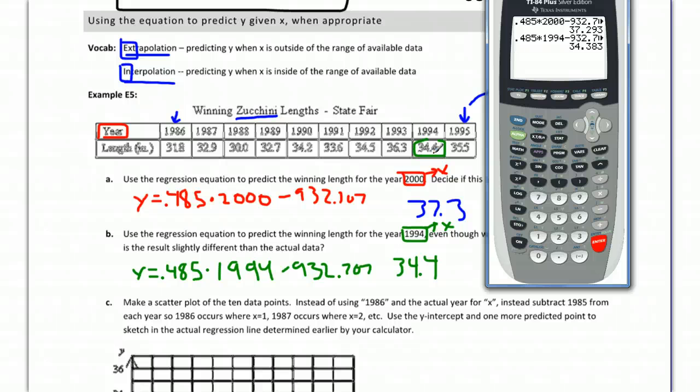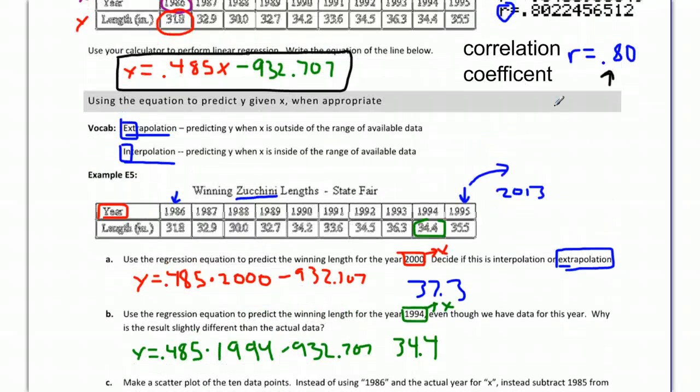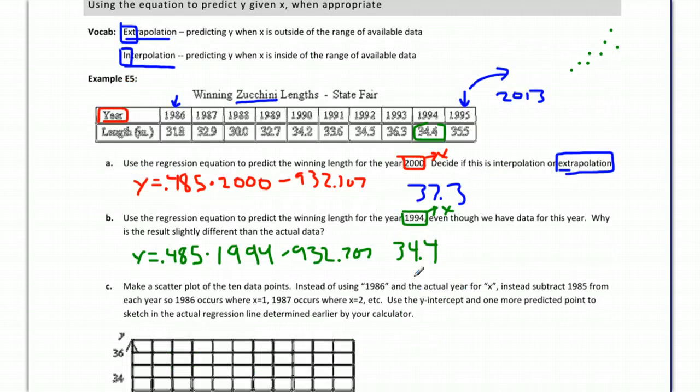The reason that can happen, and sometimes it can actually be quite a bit off from the actual data, is that these points that we're making a prediction based on are not a perfect correlation of 1, r equals 1. Usually r is going to be a little bit less. And if we look up here, we had an r of 0.8. That means that sometimes these points are going to follow a little bit of an imperfect line when we're making our pattern. So it's not always going to fall on what we predict, even though in this case it did pretty darn good.